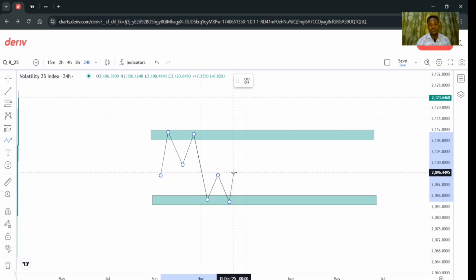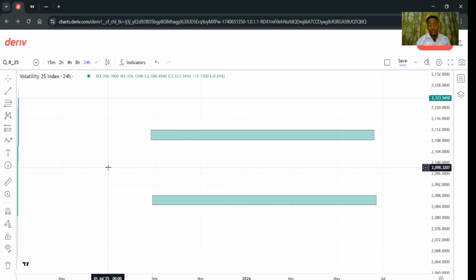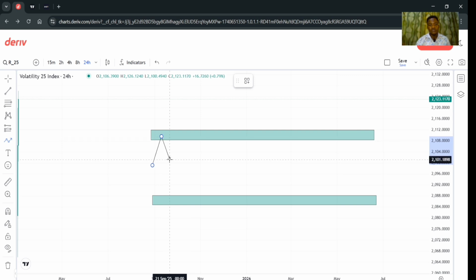But what again do you need to know? What you need to know is that a support level can become a resistance level, and a resistance level can also turn into a support level. How do I mean? Imagine the market touches, drops, happens again, and now you believe this is a resistance zone.